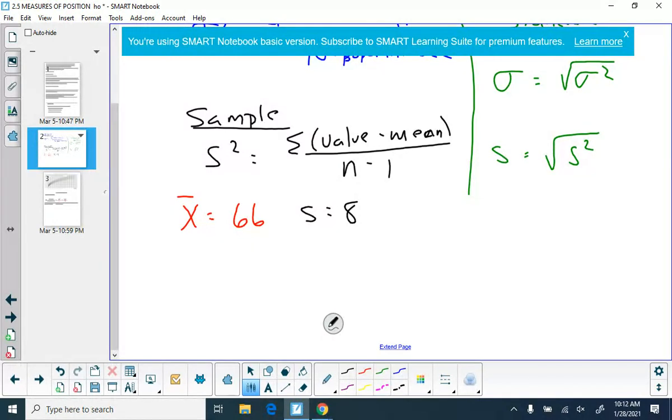What this will mean for a grading scale. This standard deviation will be the width of each grade.